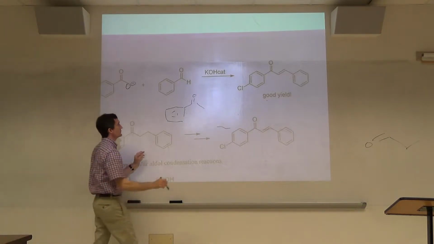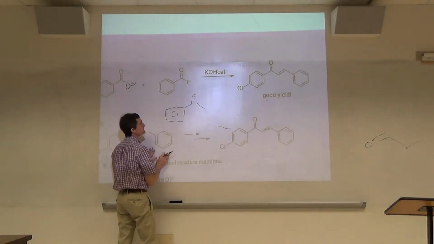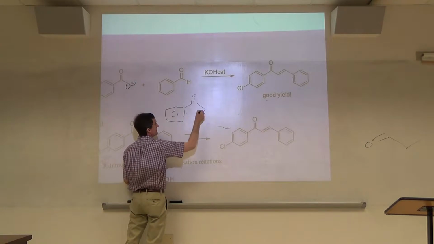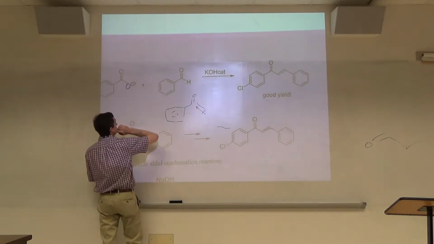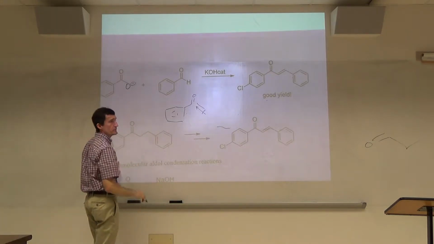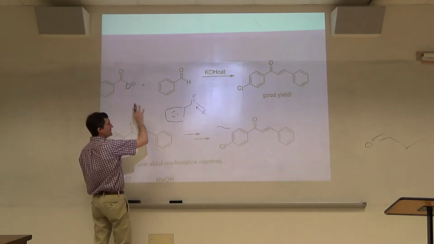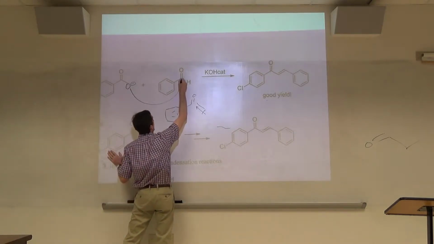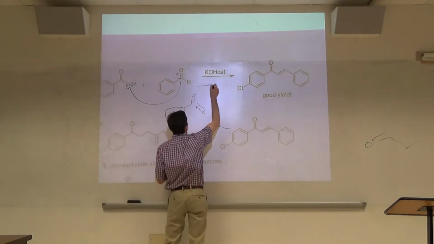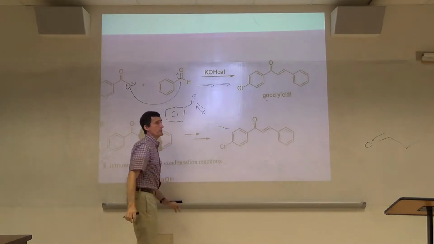Which is more electrophilic, aldehyde or ketone? Aldehyde, because here we have a donating group. Aldehyde is more reactive. Now we could have made that argument on the previous one, but this reaction actually works. And if we take this and do our mechanism, we can eventually get to that product.